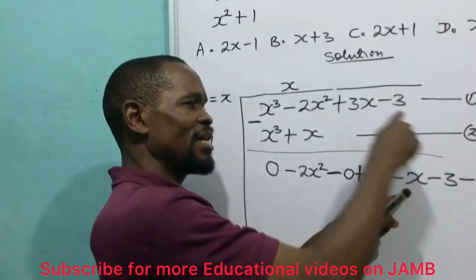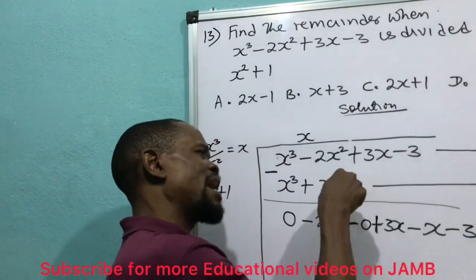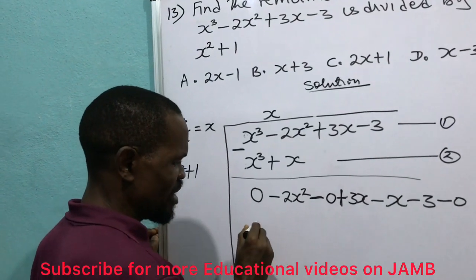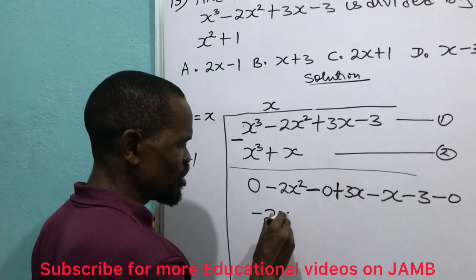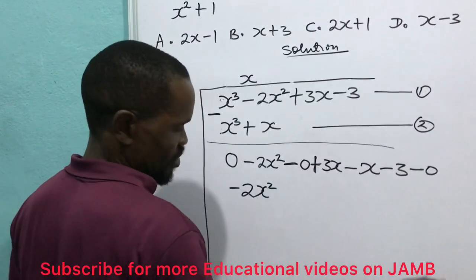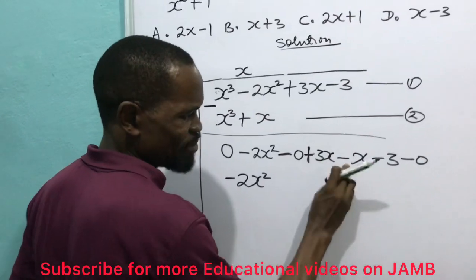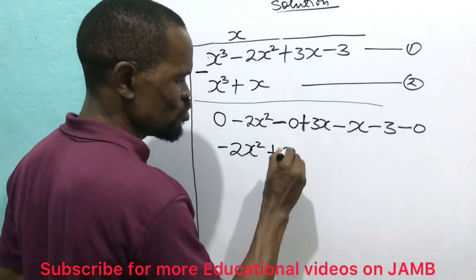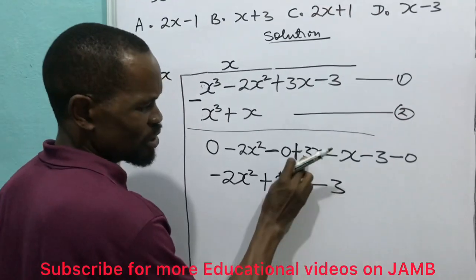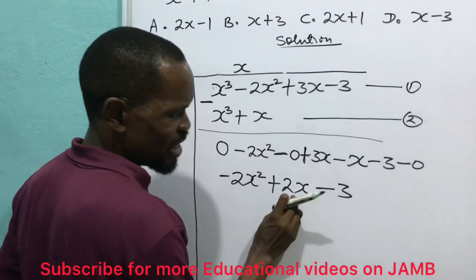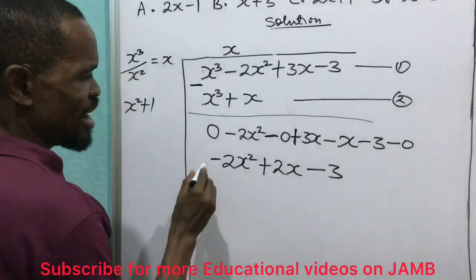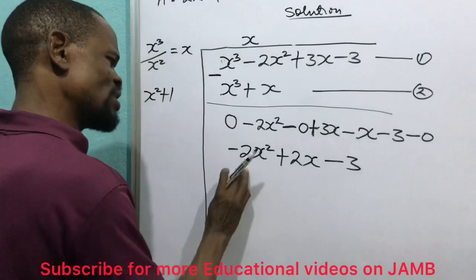Then minus 3 minus 0, because I have no ordinary number in equation 2. At the end, it gives me minus 2x raised to the power 2, plus 3x minus x which gives 2x, and minus 3 remains.